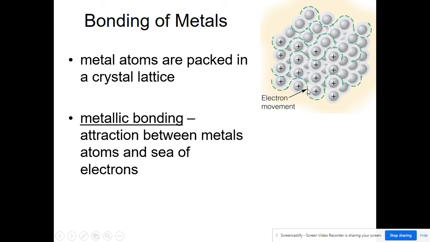And then all the atoms are sharing these freely moving valence electrons. So this creates a sea of electrons, and it also enables your metals to conduct electricity.